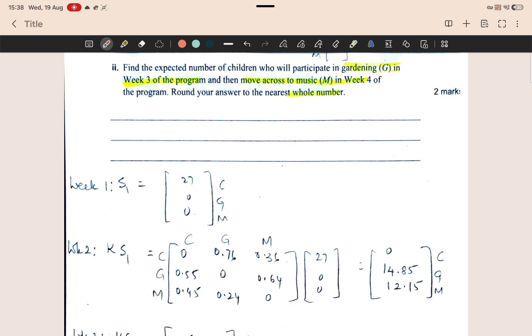The next part of the question asks you, find the expected number of children who will participate in gardening in week 3 and then move across to music in week 4. In S1, because they've asked you the expected number of children, you have to take 27 against cooking. In the previous one, they said percentages, so in those questions, you can represent 100% as 1.